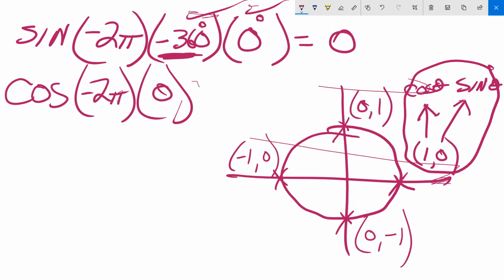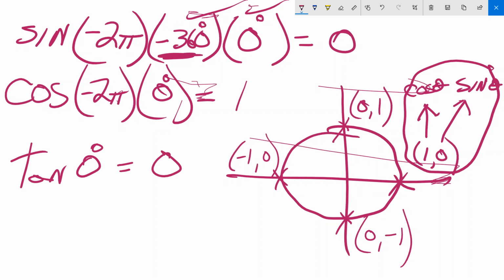That's 0 degrees. Okay. What's the cosine of 0 degrees? What's the tangent of 0 degrees? Yep. 0 divided by 1, which is 0. So there's your 3 answers.